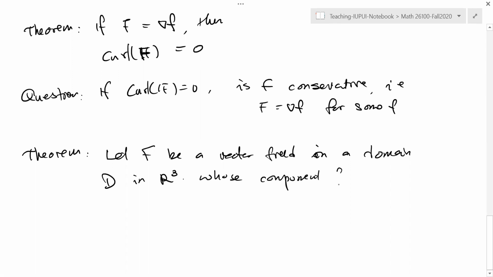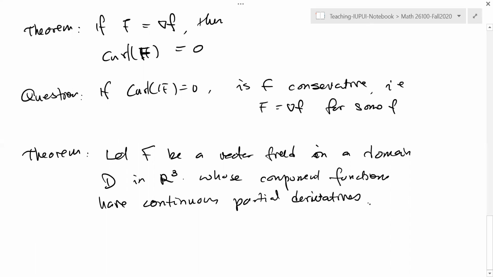whose component functions have continuous partial derivatives.